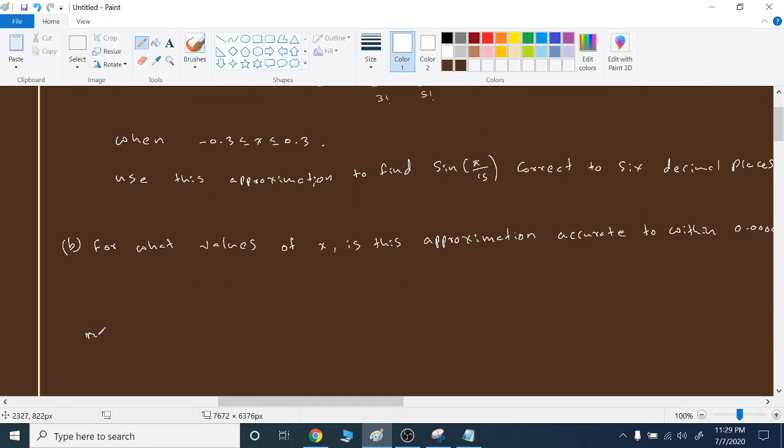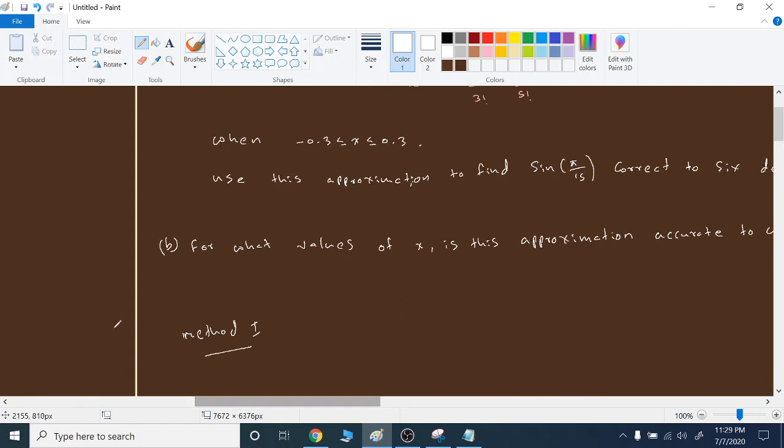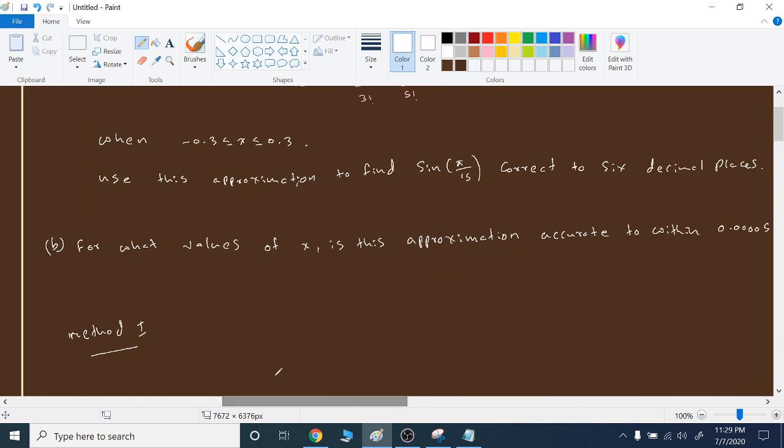Let's name it as method 1, and I will explain why we cannot use this method for the previous question that we discussed. Okay, so this method is basically based on the alternating series estimation theorem. So if you don't remember that one, please go back and refer to those lecture materials.